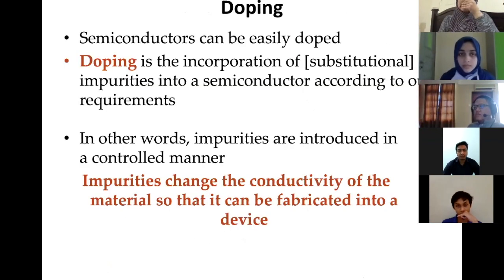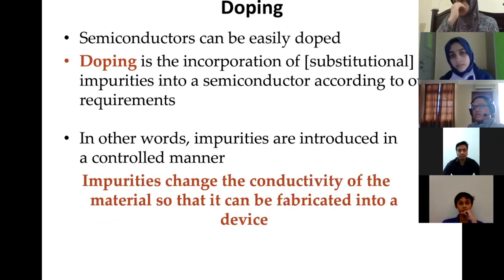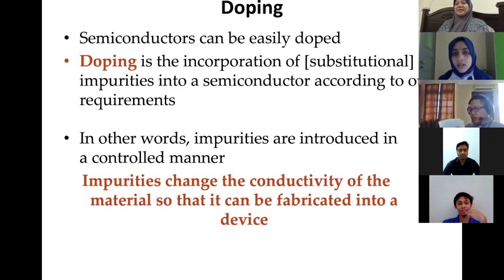Okay, then doping. You should know what is doping, how do we dope, why do we dope? Why do we dope? Anybody can answer me? Why do we dope? To get the required carrier concentration of holes or electrons as the majority carriers.